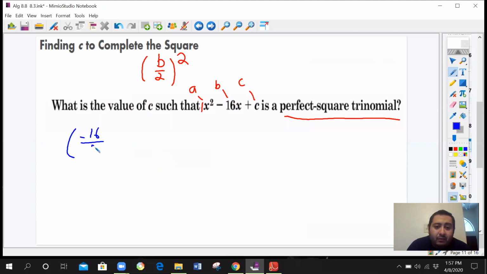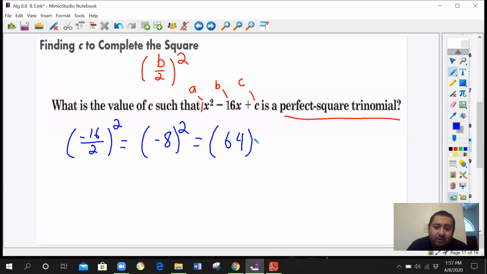If we divide that by 2 and then square it: -16 divided by 2 is -8, and squared, we have 64.